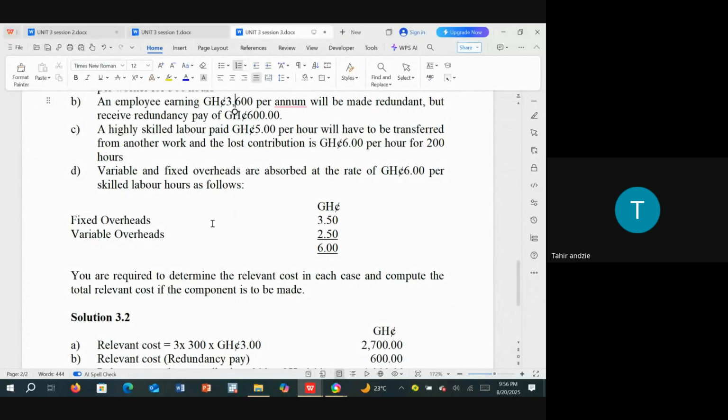Because for fixed overhead, generally, when they relate to fixed facility and they are unavoidable, they are irrelevant. So if the question tells you that the fixed overhead is avoidable, that is where you come back. For variable overhead, generally, variable overheads are relevant because they are avoidable. So if the question does not tell you that the variable overhead is unavoidable, assume that it's avoidable.